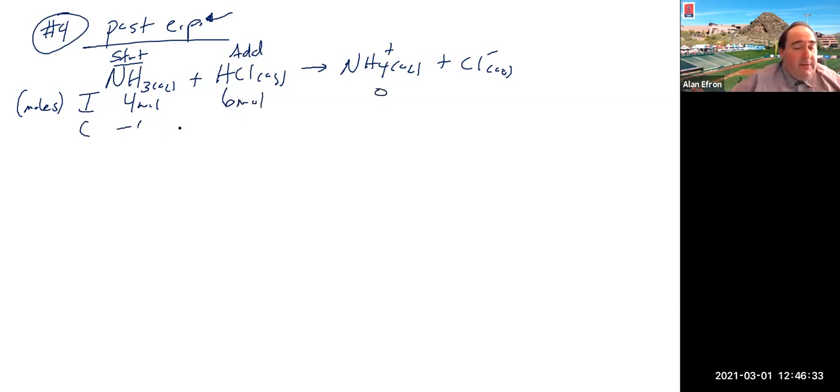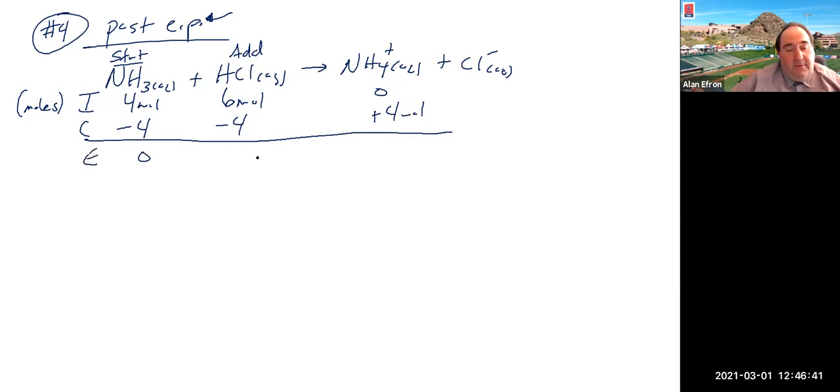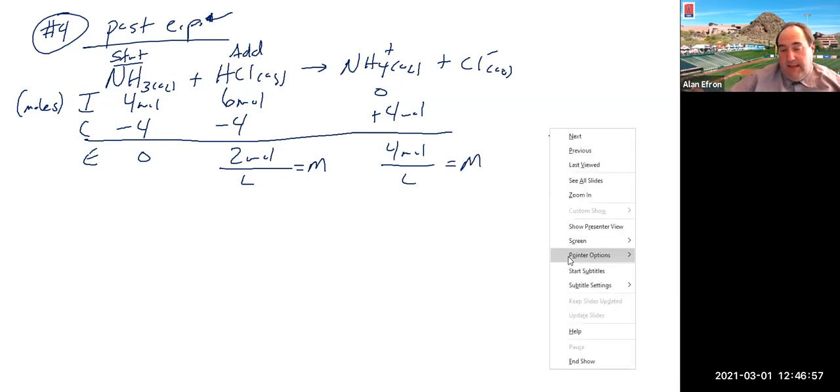Change has got to be the smaller number so you don't get a negative. It's a simple way to remember that. And 0, 2 moles of this, and 4 moles of that. Like we've been doing, it's always good practice to convert these back into molarity after you do that first ice table. Any questions on the ice table here?